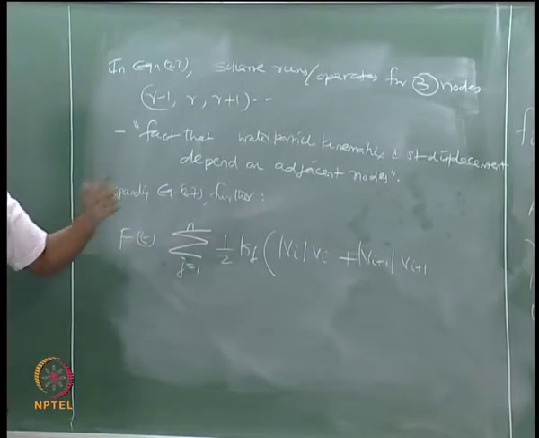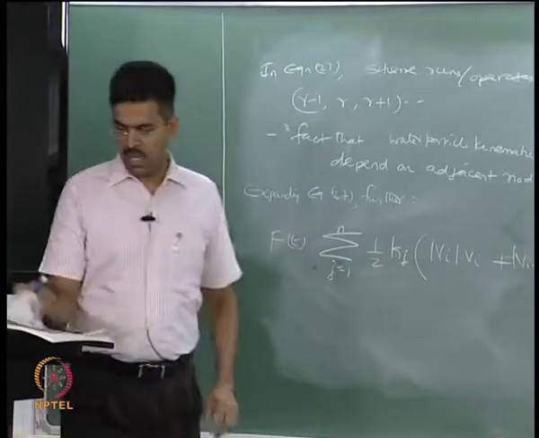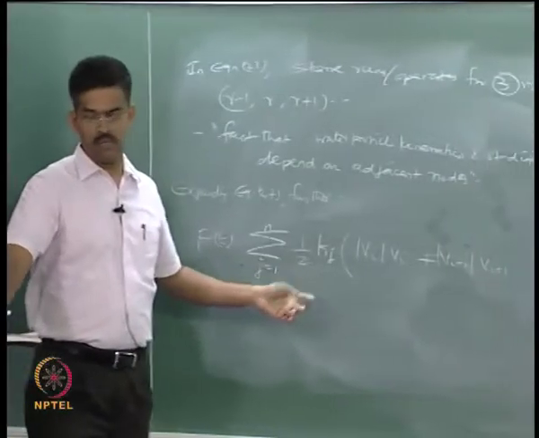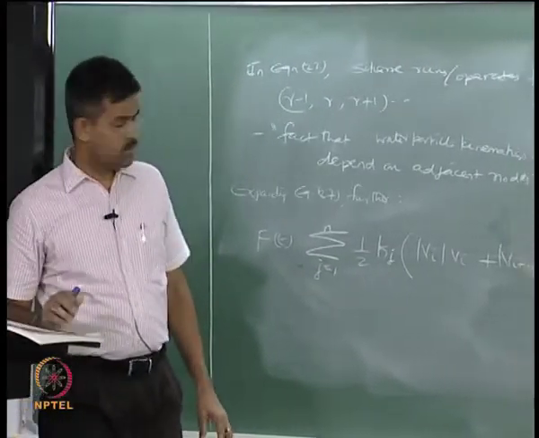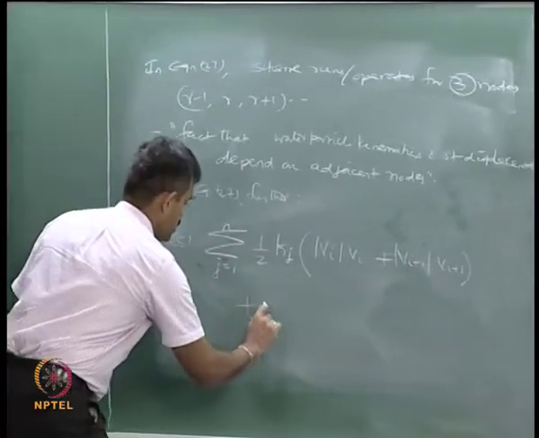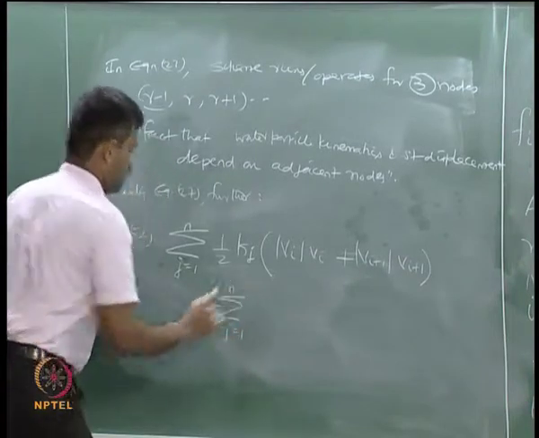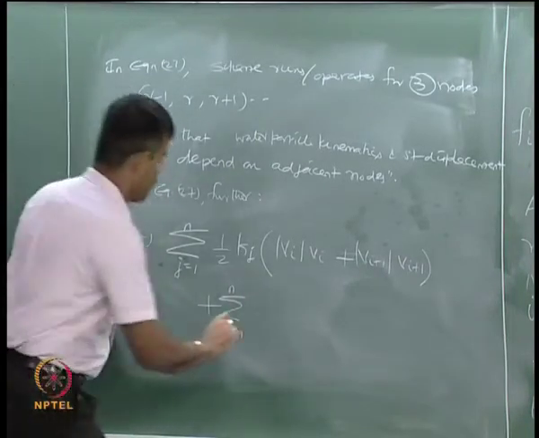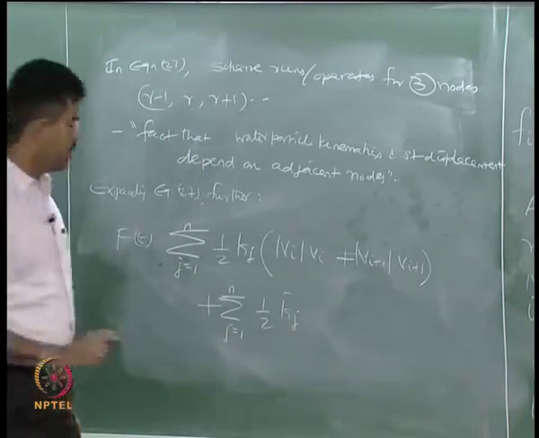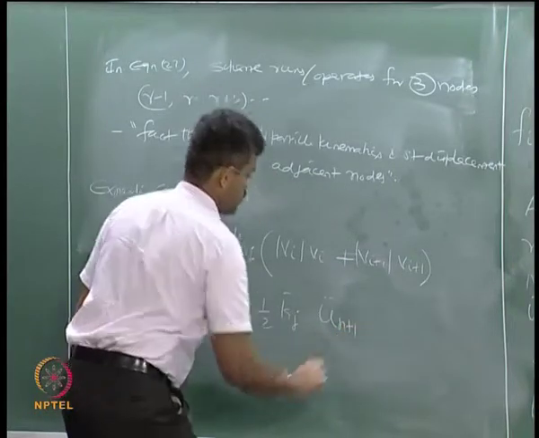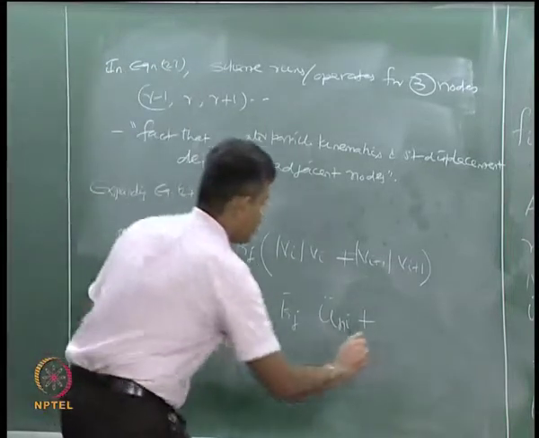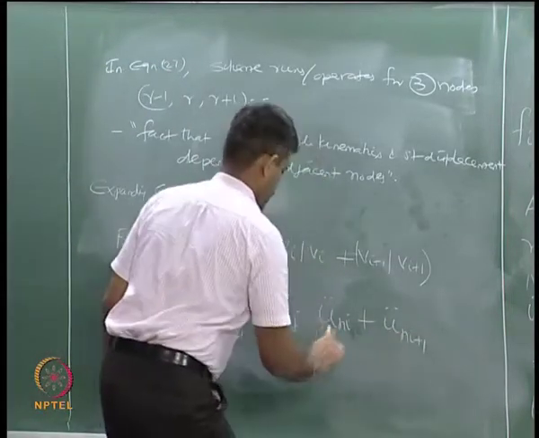That is what we also wrote earlier, in equations 11 and 12, which I am writing here again. That is my drag force, plus the summation over j from 1 to n again of half k bar j times u double dot n i plus u double dot n i plus 1.